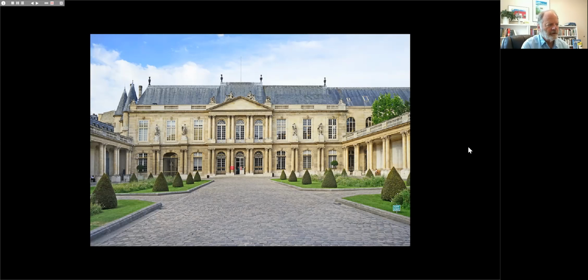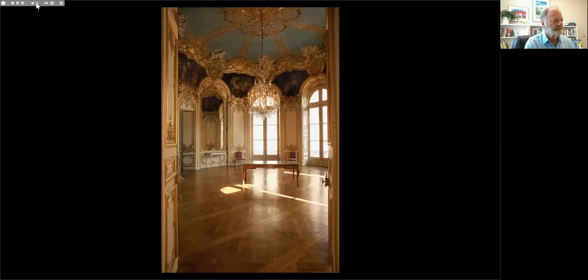There are superimposed classical orders around the entrance and a pediment there, and works of sculpture. But the facade is flat across the front. It does not have the curves of Italian art. And as you'll see, the exterior is relatively staid in comparison with the interior. And this is rather typical of that relationship between inside and outside of Rococo buildings.